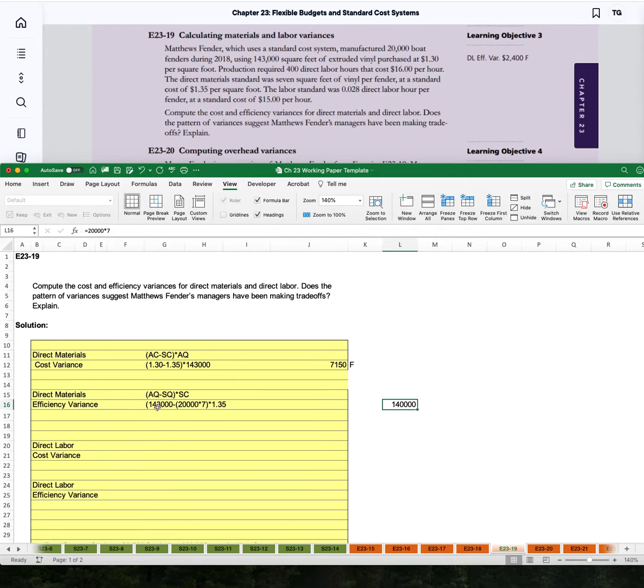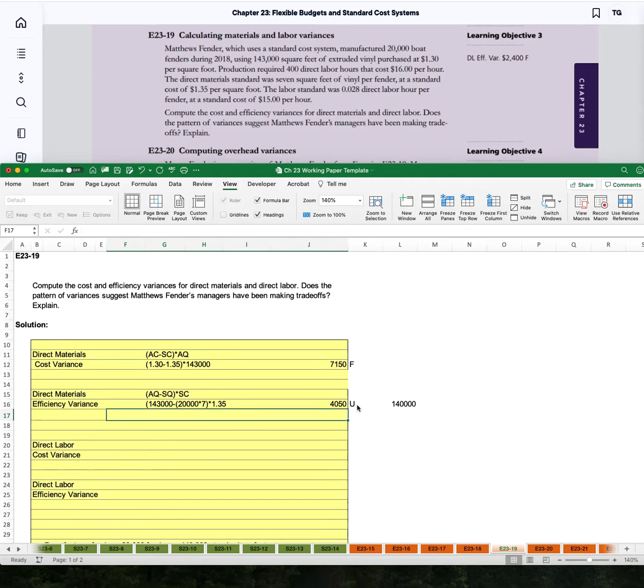That means we used more materials than we should have, so we know up front that this is going to be an unfavorable variance. And so we'll use our absolute function again, open parentheses, 143,000 minus 140,000, close parentheses, times $1.35, close parentheses, and we get 4,050 unfavorable.